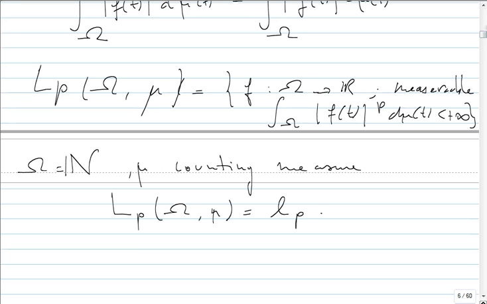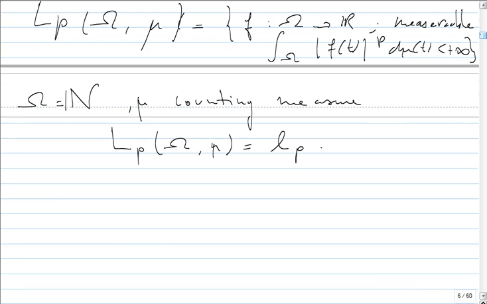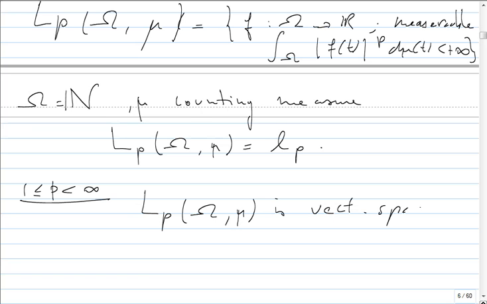Of course, I'm taking p between 1 and infinity. The case of p equal infinity is also defined, but slightly different from the definition of capital P. In this case, we can show that LP of omega, mu is a vector space, because of all the properties of measurable functions, and the properties of sum and multiplication by a number are satisfied. So it's a vector space, number one.